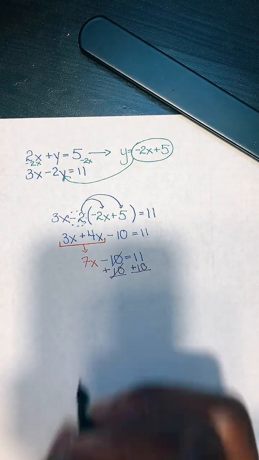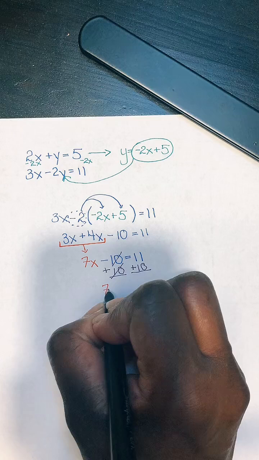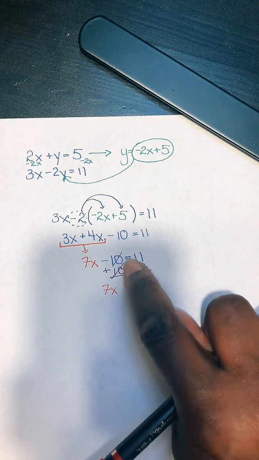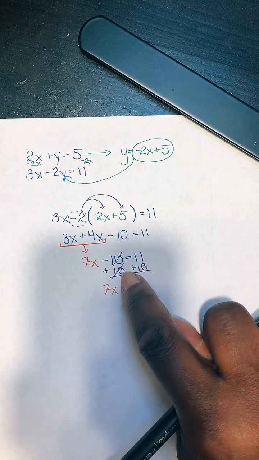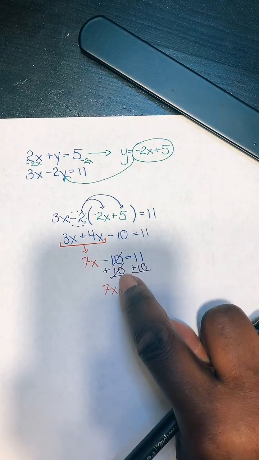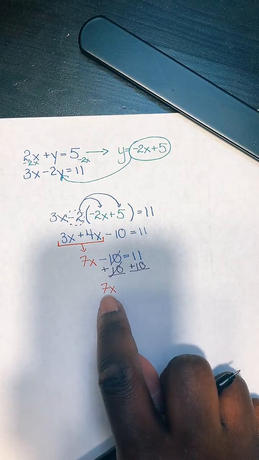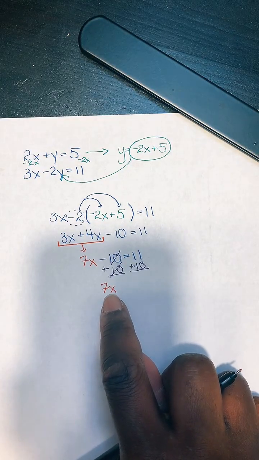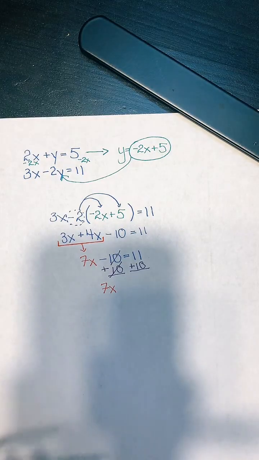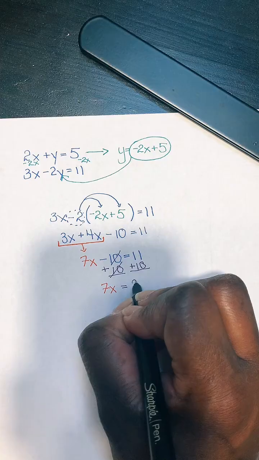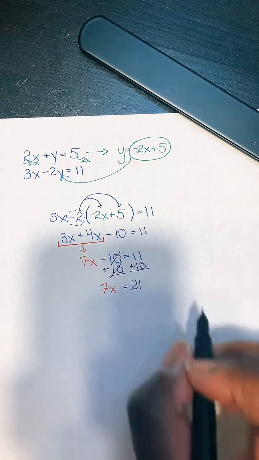So in this case, the 7x is going to come down. These two 10s are going to cancel out because you have a negative 10 plus 10. They cancel out. You don't need the 0 because you already have a 7x. The 0 is just a placeholder. So that means 7x is equal to 21.